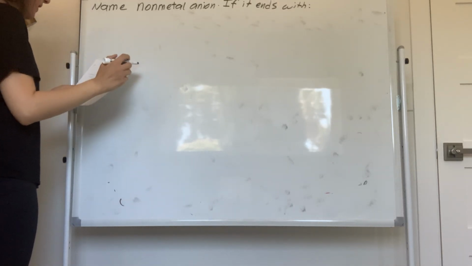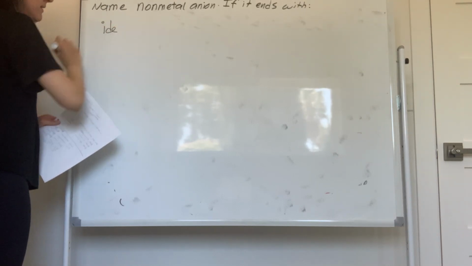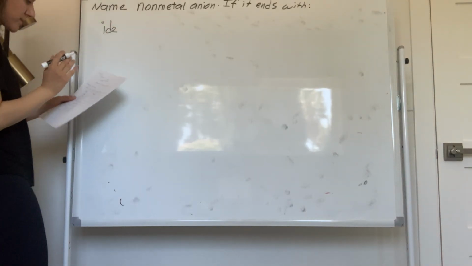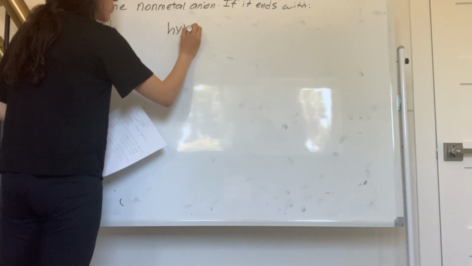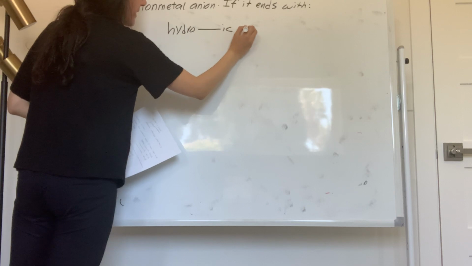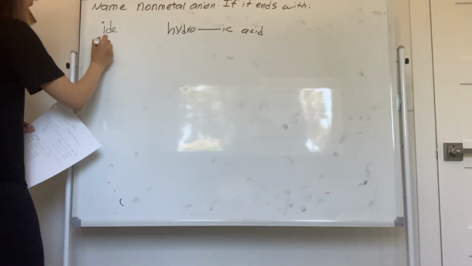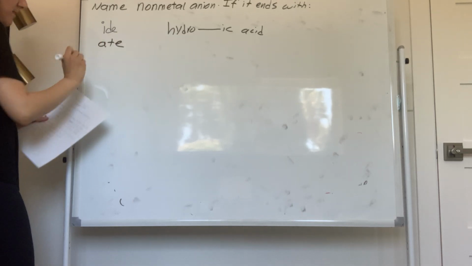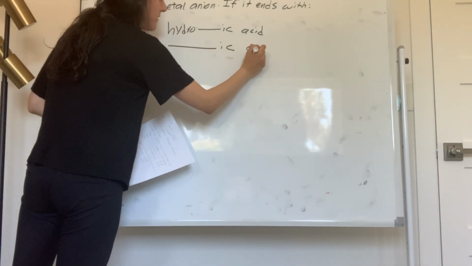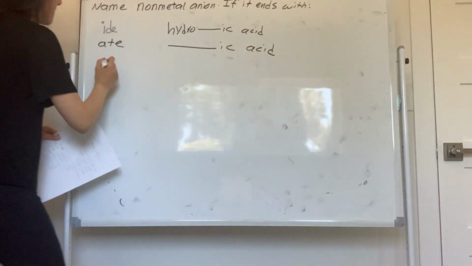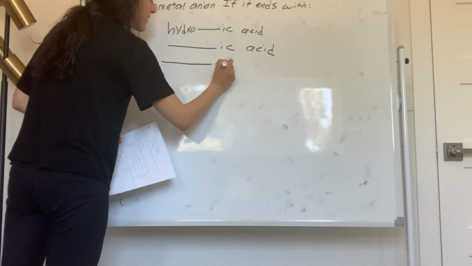If it ends with "ide," then it's going to be hydro-ic acid. If it ends with "ate," then it's going to be ic acid. If it ends with "ite," then it's going to be ous acid.